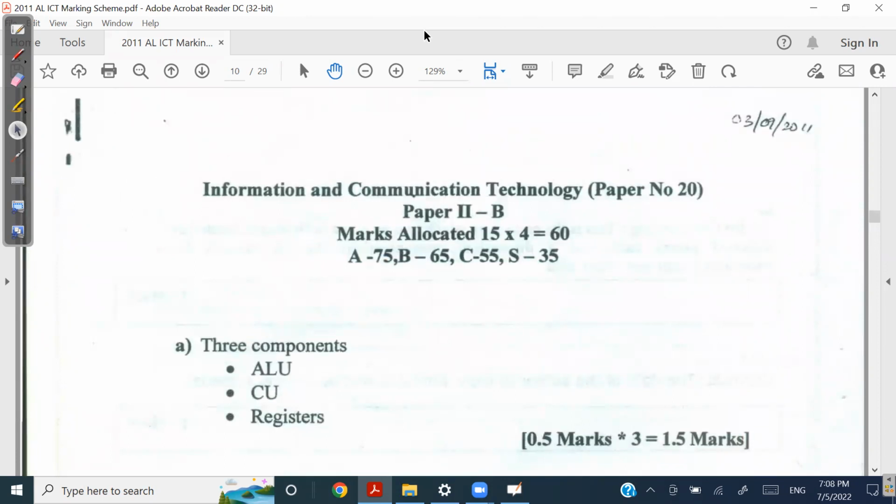And people, for next week, please try the 2012 MCQ paper as well. At least finish the first paper and get ready. We are going to discuss the second paper, and we are moving to 2012 if you get a chance.